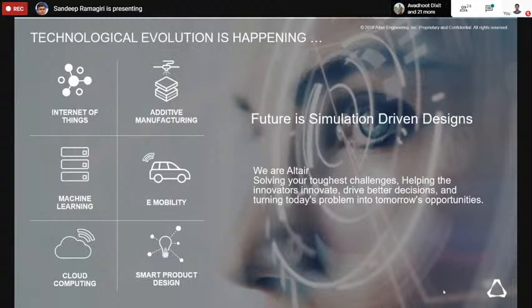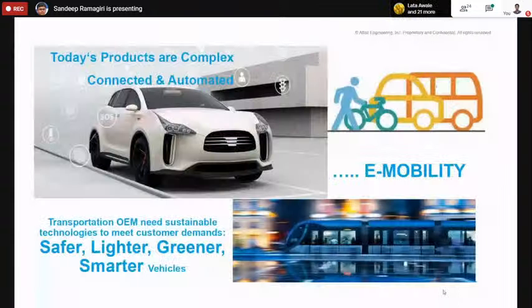When we say e-mobility, the definition is converting a fuel-driven powertrain into an electrically powered powertrain. When we do this, the systems and subsystems in the electrical vehicle become very complex. At the same time, we need new methods and new technologies to innovate and design these subsystems.